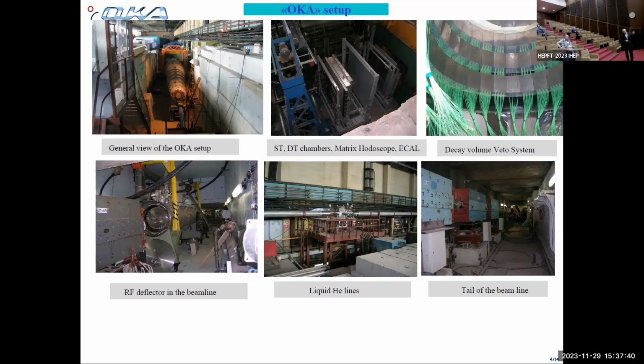I forgot to say that we are using superconducting cavities, which are cooled by superfluid helium. So it's quite high tech in the beam. So this is a tail of the beam, and here you see the liquid helium distribution system.